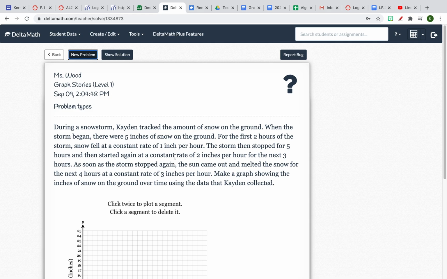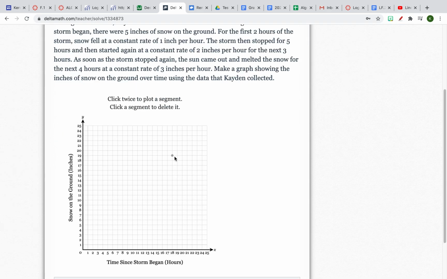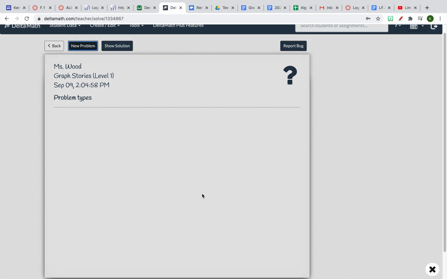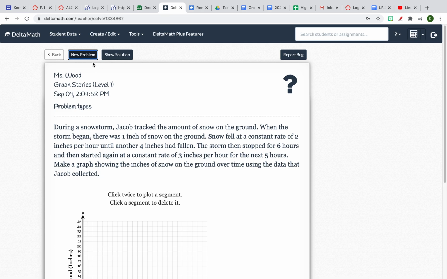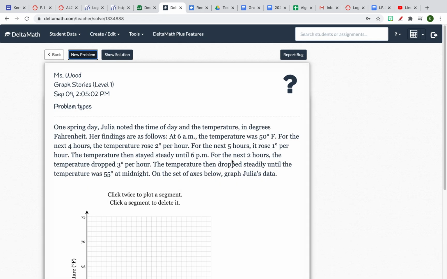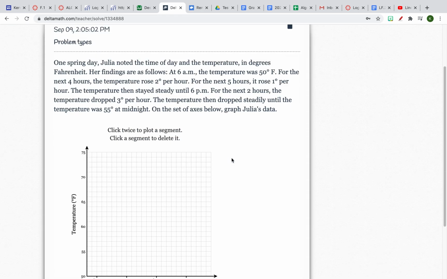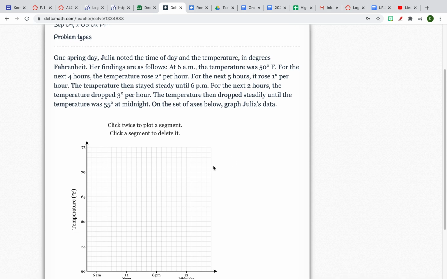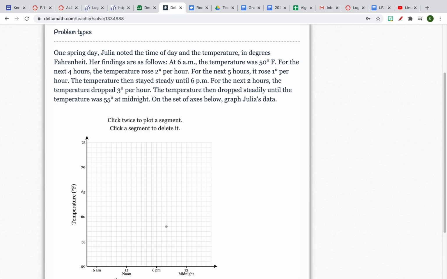And again, some of them it's snow, some of it's going to a store. Some of it's temperature. So on a spring day, the time of the day and the temperature in degrees. So at 6 a.m., we're not going to start here on the line. We're going to start at 6 a.m. It was 50 degrees. So I'm going to leave a point.